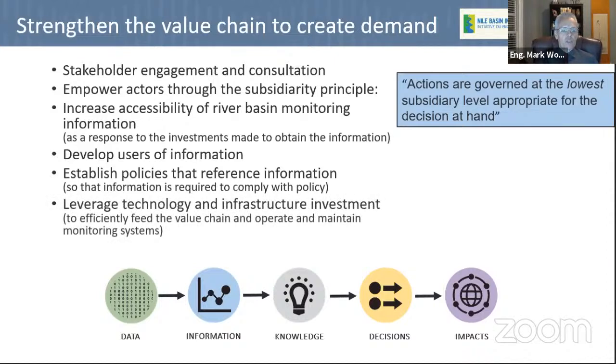And then we leverage technology and infrastructure investment. And I wanted to point out that I put the technology last because it exists and we can access it, but it's not helpful if we haven't first figured out how to engage the institutional aspects to make things flow.